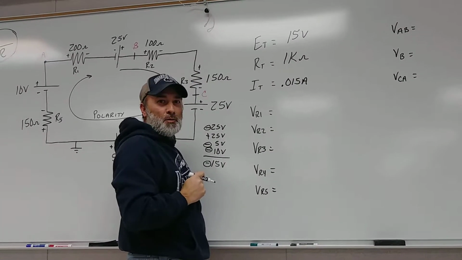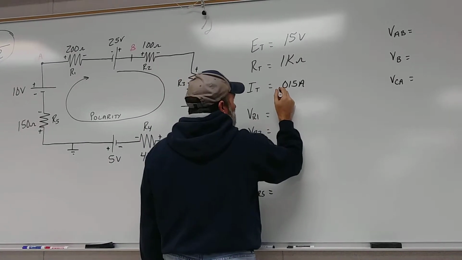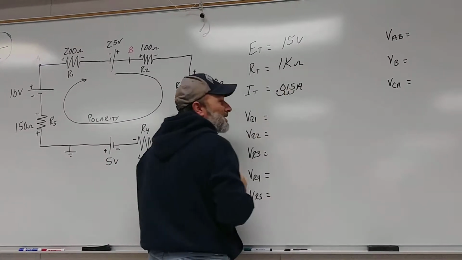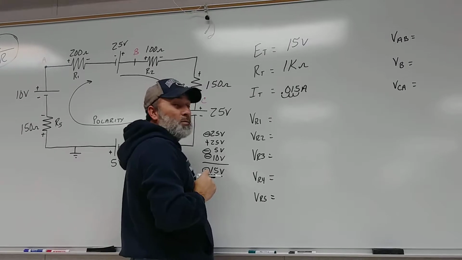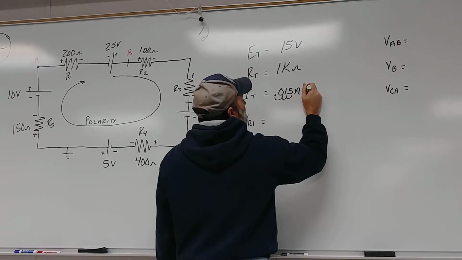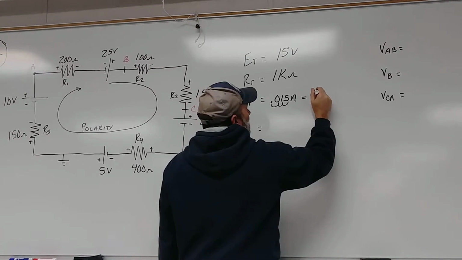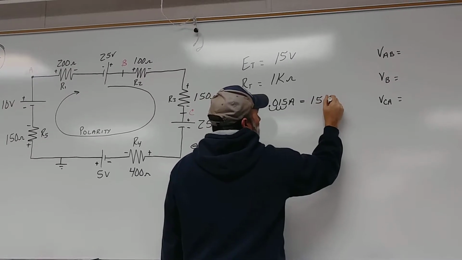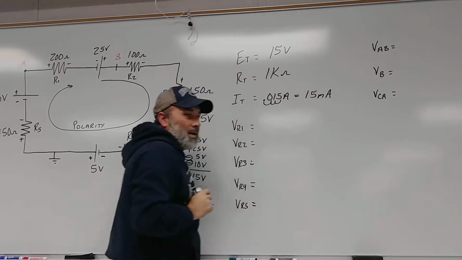But that's not how we want it. We want to move our decimal place 3 spots to the right, which means it's a negative 3. So it's 15 exponent negative 3. Negative 3 is milli, so our answer is 15 milliamps.